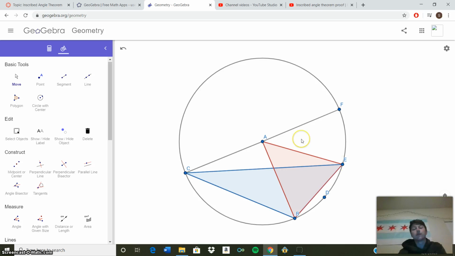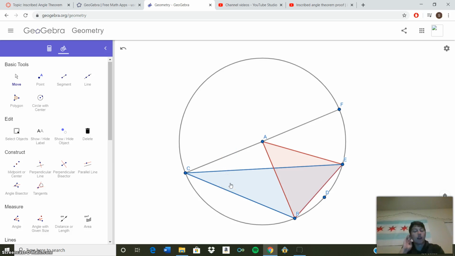And so we also see that we have FCB, we have FAB. And we know that from our first case that this angle here is going to be double that of the angle here.